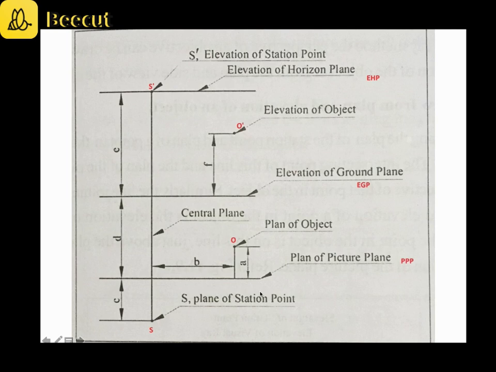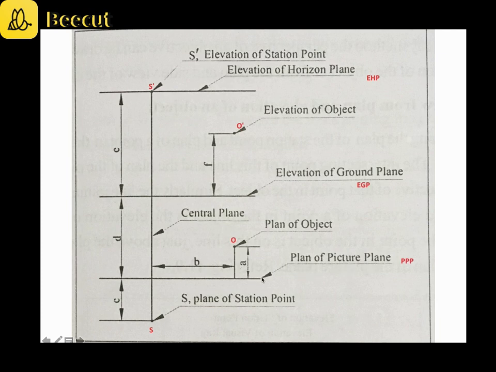The picture plane is drawn below the EGP, and as you know, the picture plane is also a plane, but when you look from the top view, you can see the picture plane as a line. So this line is represented as PPP, which is expanded as plan of the picture plane.